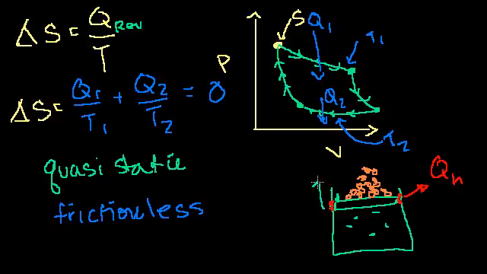Because some of the pressure differential between the pebbles and the gas inside was used to generate heat as opposed to work, when I add the pebbles back, if I have friction, I'm not going to get back to the same point that I was before, because friction is always resisting the movement. So in order for something to be reversible, if I remove 10 pebbles and add the 10 pebbles back, I should be at the exact same state. But as you can see with a thought experiment, if there's friction, I won't be at the exact same state.